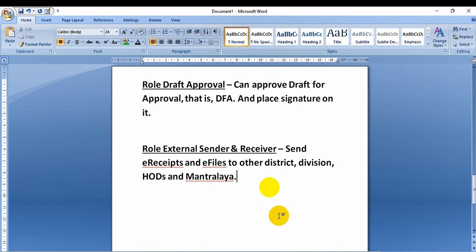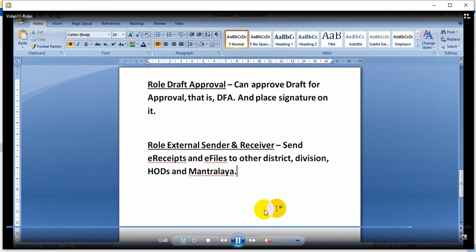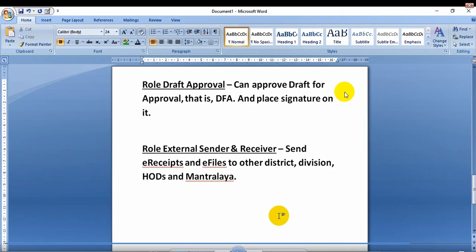So one funda is clear that in e-office everything is your login, and if someone gets your login, then he can misuse your login, because you have some specific power. He can use that power, which is not good for any system.